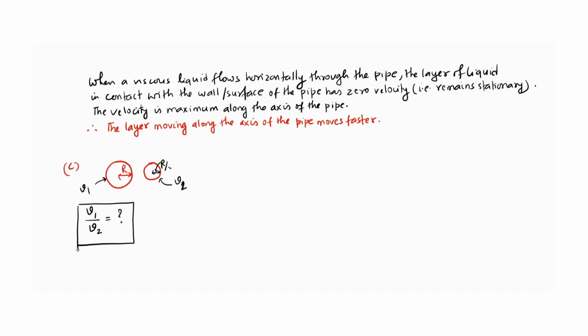Now we know the general expression for terminal velocity: Vt equals 2 by 9 r square (rho minus sigma) g divided by eta.